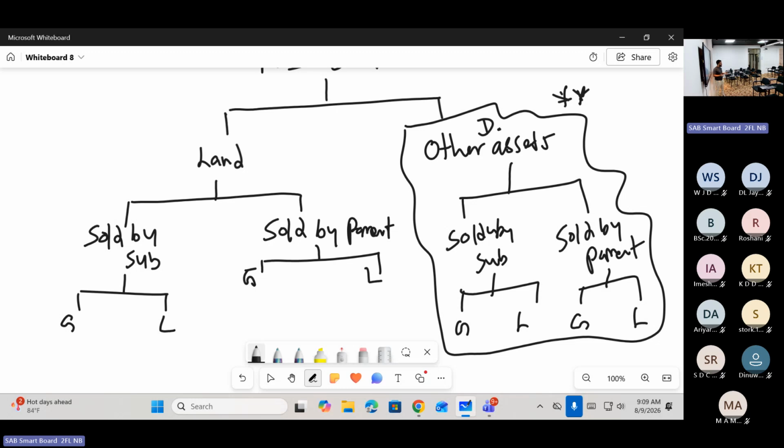Logically, if it is a gain, one company overstates that asset. That overstatement will be depreciated already. If it is a loss, one company understates the asset. Then we need to charge depreciation.